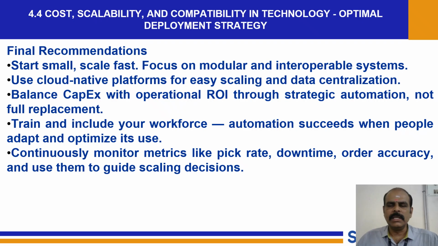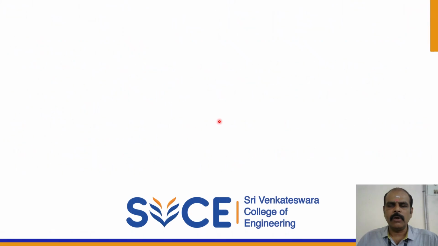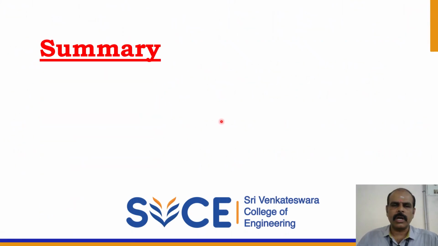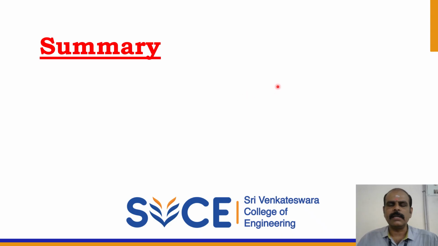Okay. So with this we come to the end of this presentation. So before I wind up, let us summarize what we learned. On what basis should we develop optimal deployment strategies on the 3 platforms? Platform number 1 was cost, platform number 2 was with respect to scalability, and 3 was with respect to compatibility. So the final takeaway was like this.